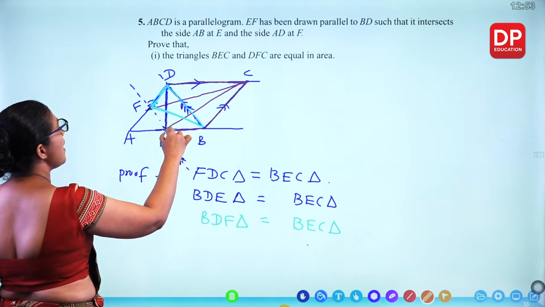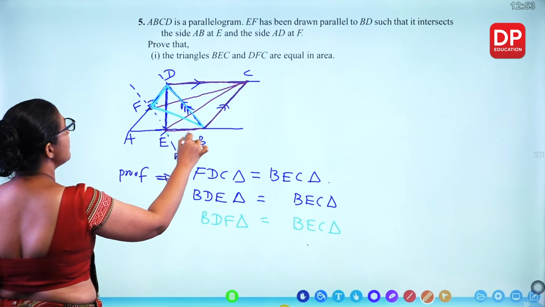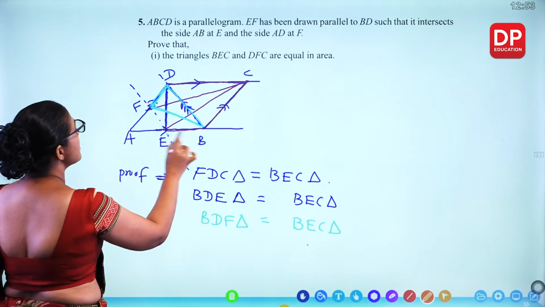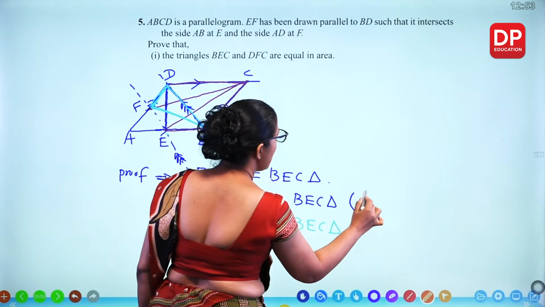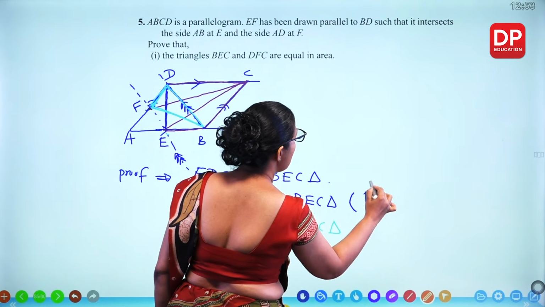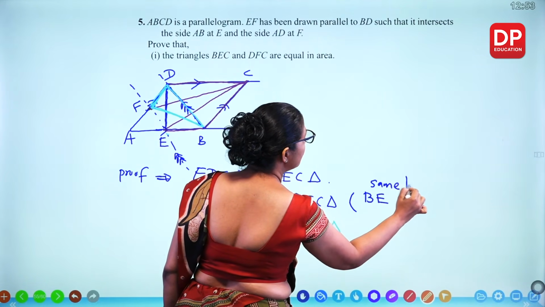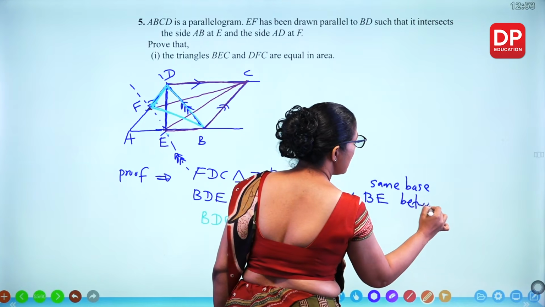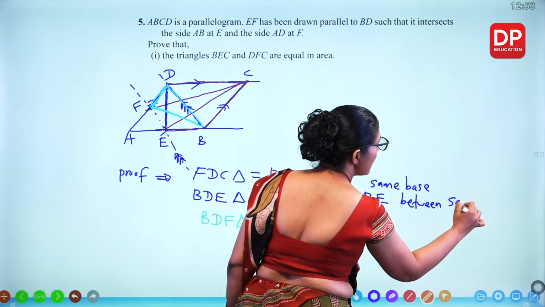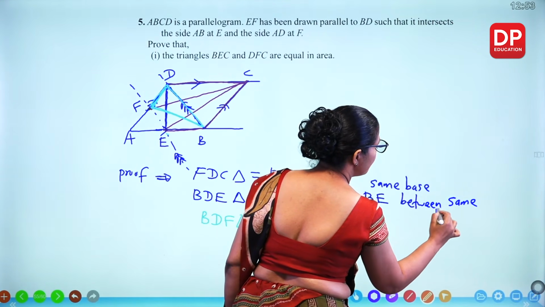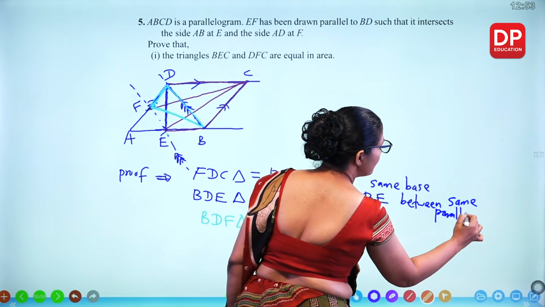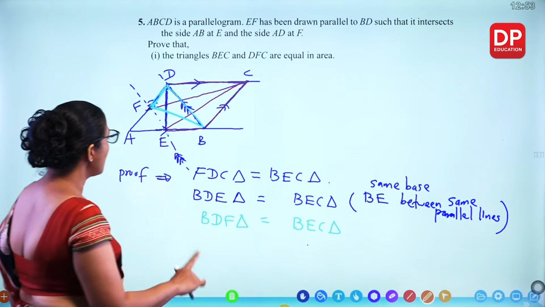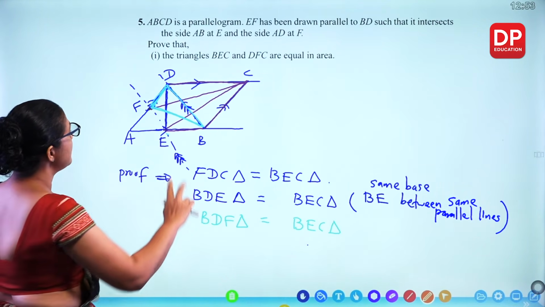BDE is the same as BEC, because same base BE and in between same parallel lines. This is also equal, BDF, and this one is equal.